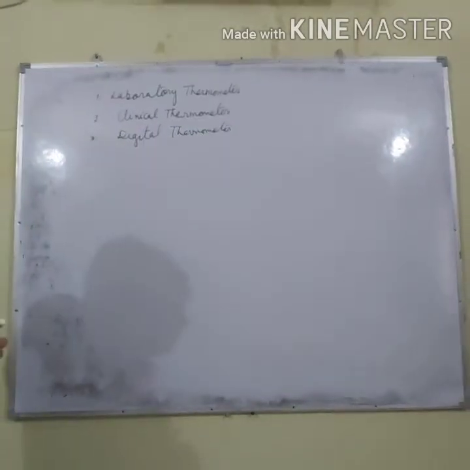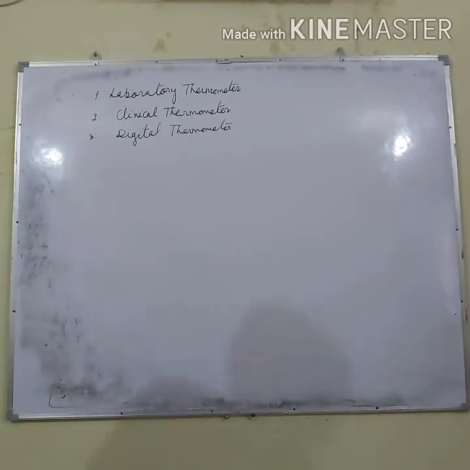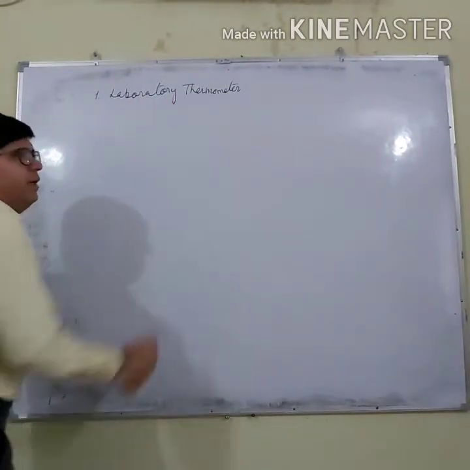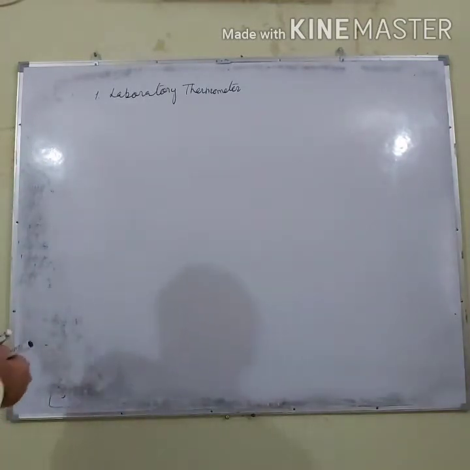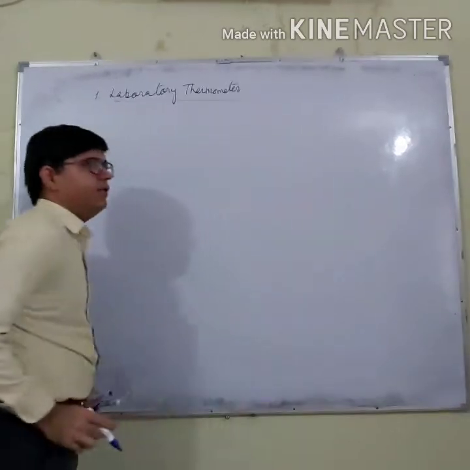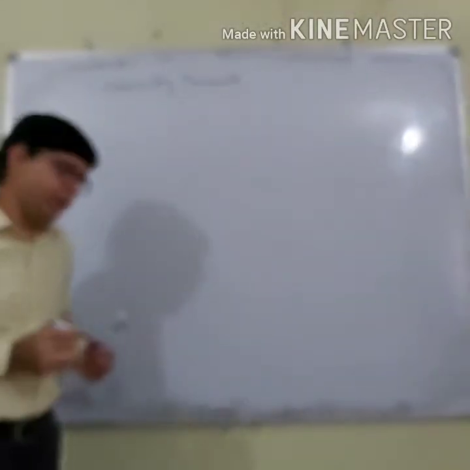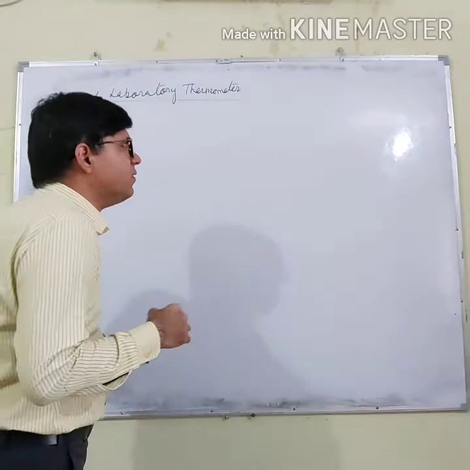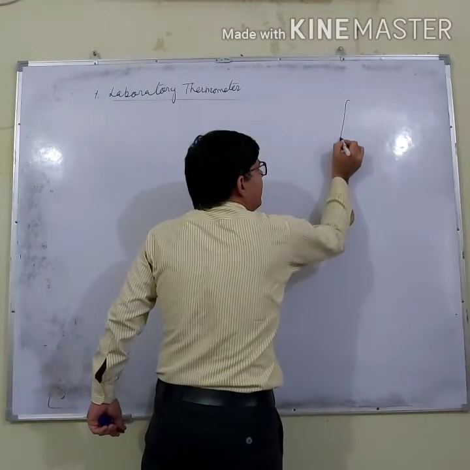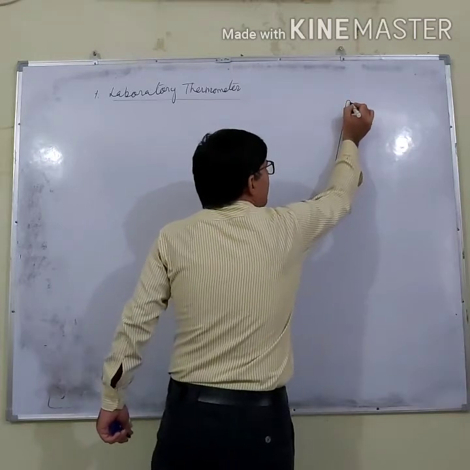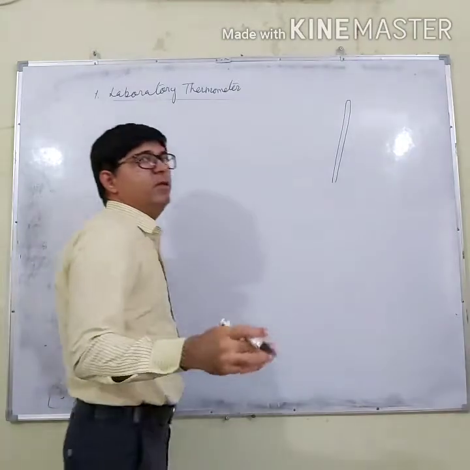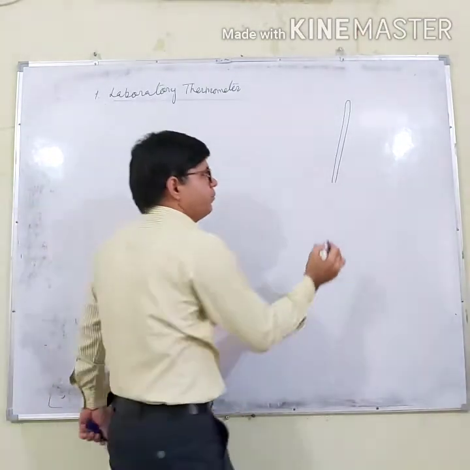As the name depicts, this thermometer is used in our labs during experiments. Such a thermometer is the laboratory thermometer. In this thermometer also, we have a narrow glass tube, but its length is very large in comparison to the clinical thermometer.